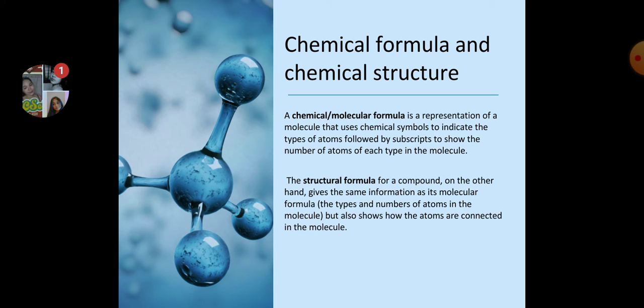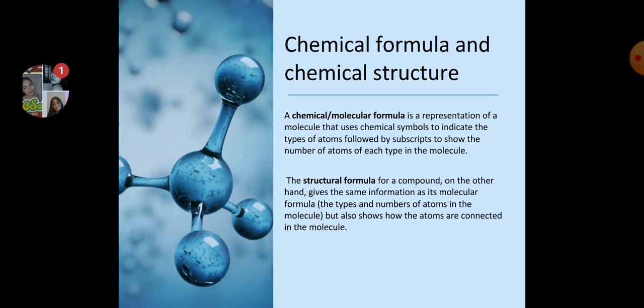No? For example, we have H2O. So, you have hydrogen and oxygen atoms. So, how many hydrogen atoms do we have for hydrogen? We have 2 and 1 oxygen atom. That's how we interpret chemical or molecular formula. Okay? So, next, we will introduce the structural formula. So, the structural formula for a compound, on the other hand, gives the same information as its molecular formula.